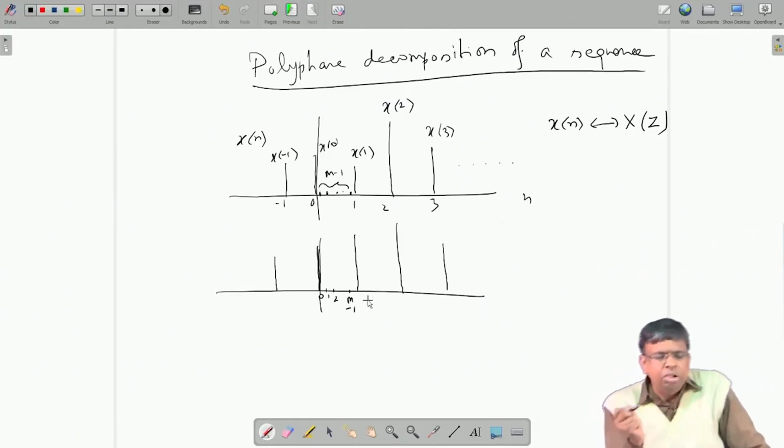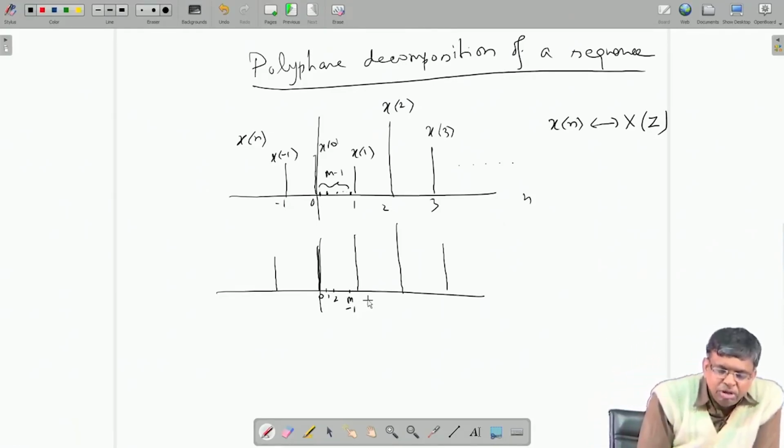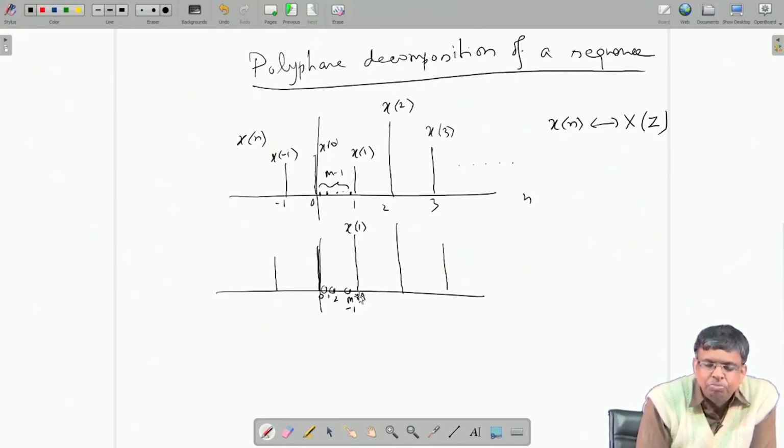At all these points I introduce 0 values. So, at the mth point, the x1 sample, earlier standing at point number 1, is now standing at sampling point m.